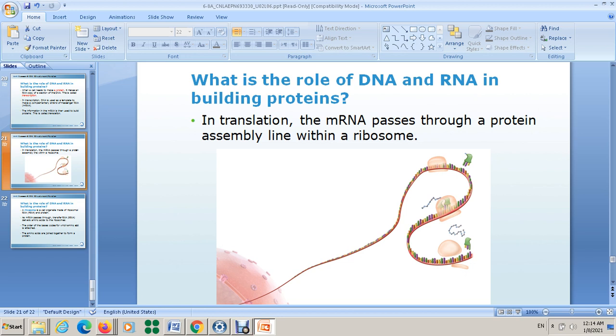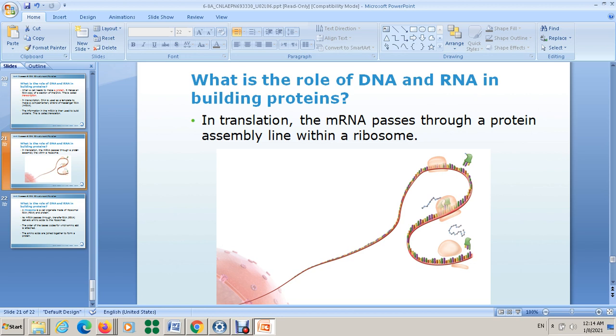This molecule is called messenger RNA. We will talk about the step-by-step details later, but in general, the DNA first copies the information onto the messenger RNA. This is the transcription.